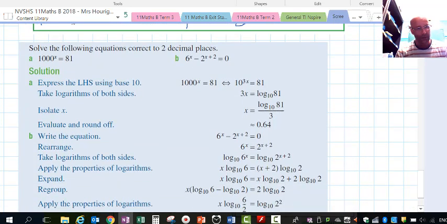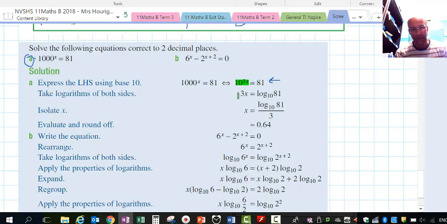Thus, to finish off, solve the following equations, correct to 2 decimal places. Okay, using calculator only as a last resort, please note. If we've got the first one here, 1000 to the x is 81. What we've got here is replacing the 1000 with 10 cubed, and we've got 10 to the 3 times x, which is 10 to the 3x, is 81.